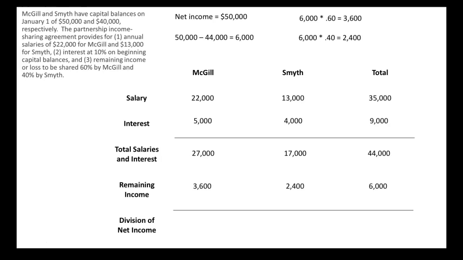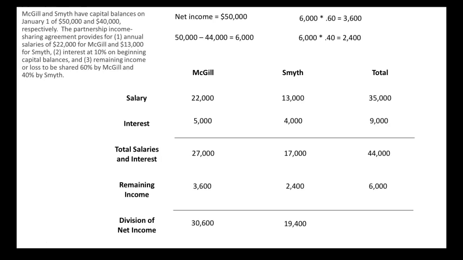So now for your division of net income, we once again just add down, where McGill, whose salaries and interest were supposed to be 27,000, gets that extra 3,600. We add those two together, and we see that McGill receives 30,600. Now Smith, whose total salaries and interest were 17,000, gets the extra 2,400.